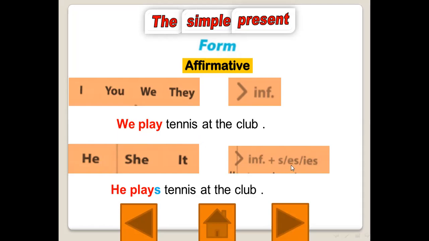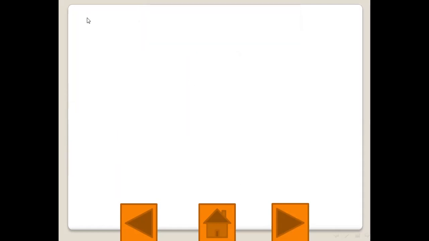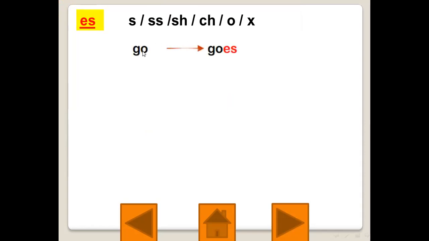But what about es or ies? Okay, let's see. We use es when the verb ends with any of these letters: s, double s, sh, ch, o, or x. Like the verb go, when the subject pronoun is we, we say we go.